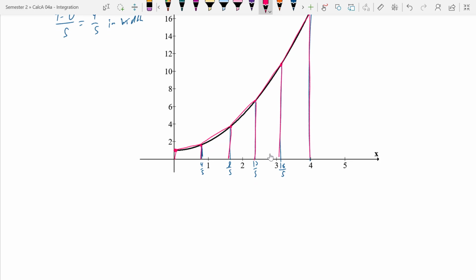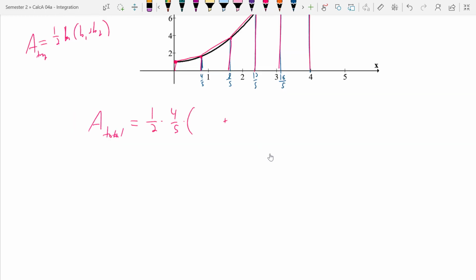So my area total is the sum of each of these trapezoids. The formula for the area of a trapezoid is 1/2 height times base 1 plus base 2. And my bases are my two different lengths here. So I'm going to do 1/2 times my height, which is 4/5, times the first trapezoid, which would be f of 0 plus f of 4/5.